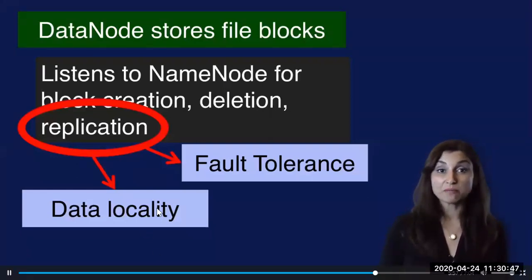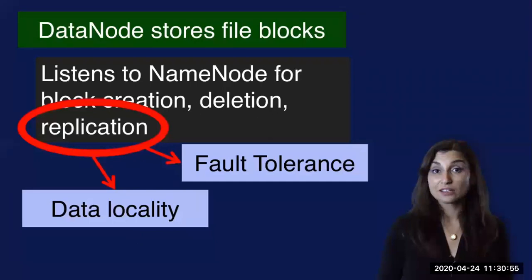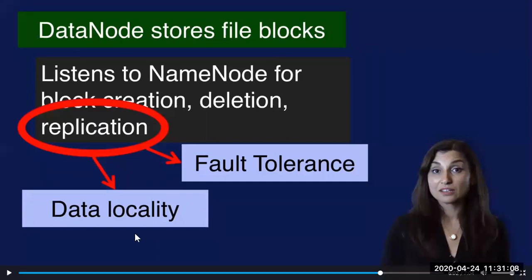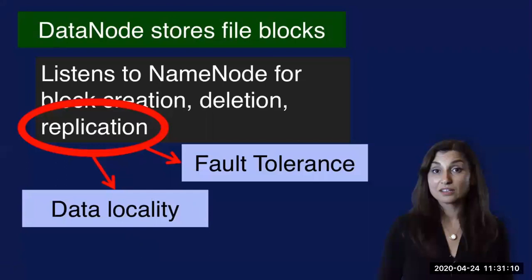A location may mean a specific rack or a data center in a different town. See, data replication, it will be replicated in a different data center as well as a different rack. So 3 copies means 1 copy is maintained in a different rack, another copy is maintained in a different data center. All these things we will discuss in the next upcoming class.